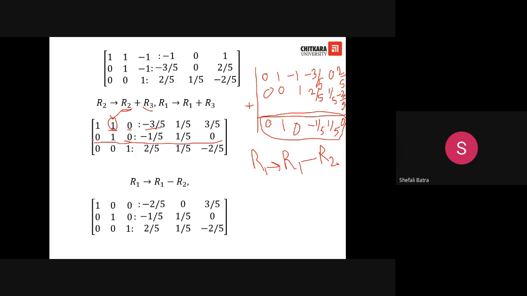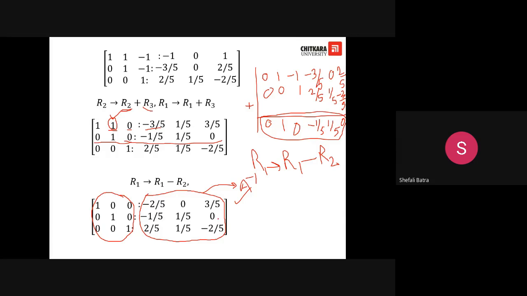Whatever operation you are applying on this matrix, you need to apply the same correspondingly to this also. Consider this complete as a matrix. After doing this, you will be at this step. Now you can see that the given matrix has been converted into the identity matrix, and whatever result you are getting here represents your A inverse.